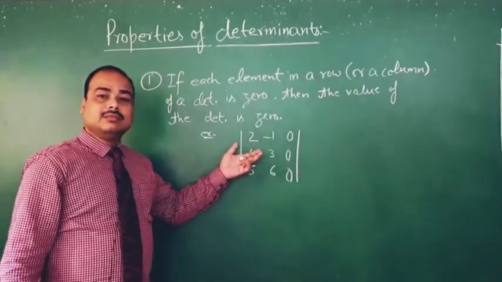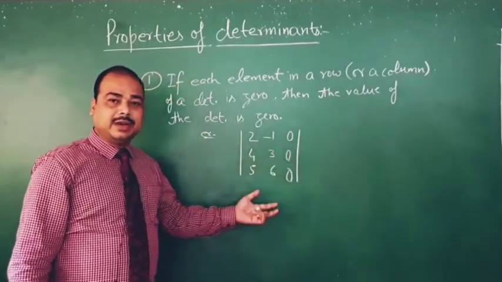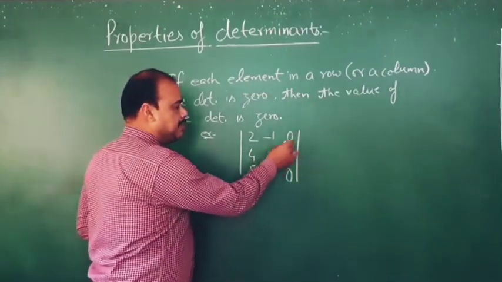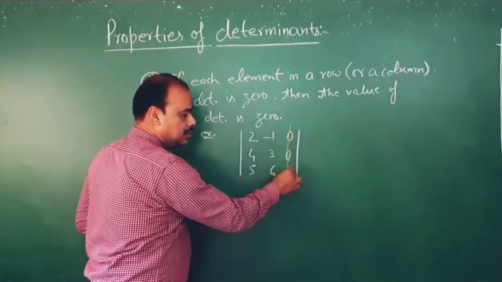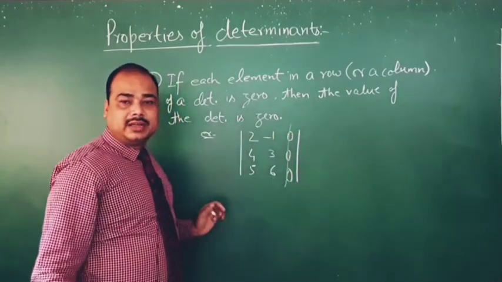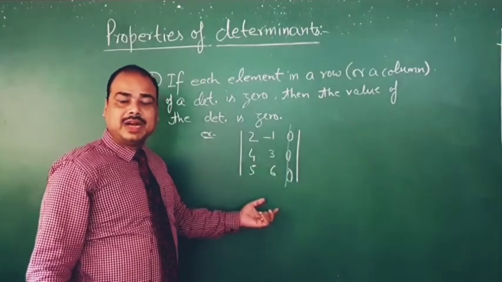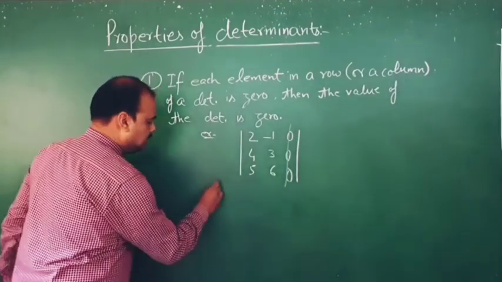It is an order 3 determinant. In this determinant, each element in row 3 is 0. So, the value of this determinant will be 0.